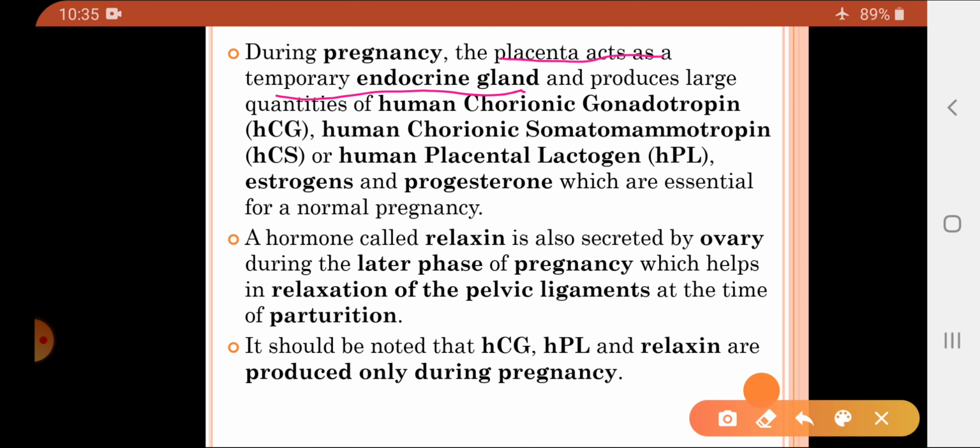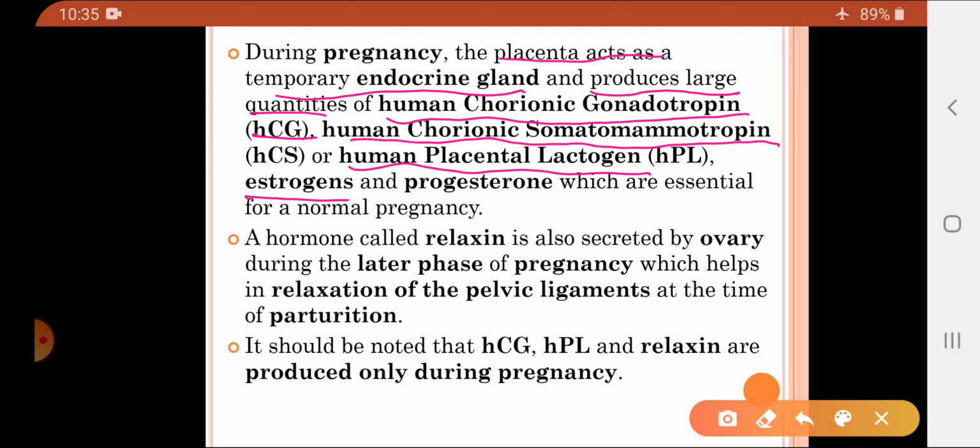And as it is an endocrine organ, it produces various hormones. So which hormones are secreted by the placenta? This placenta produces large quantities of human chorionic gonadotropin, that is HCG, human chorionic somatomammotropin, that is HCS, which is also called human placental lactogen, that is HPL.